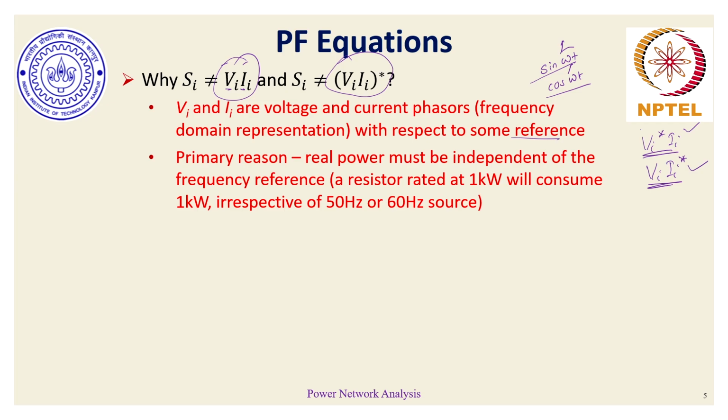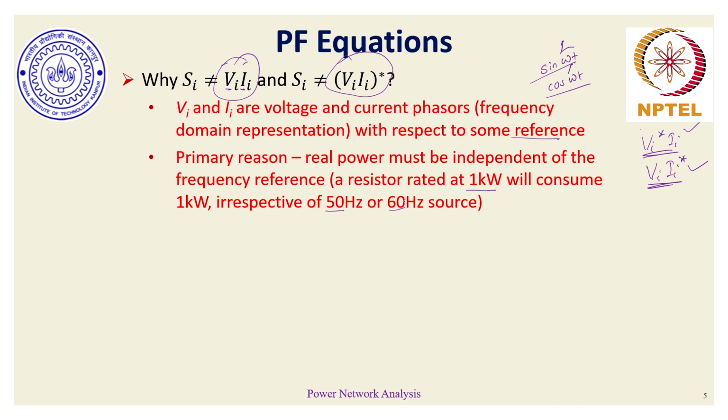The other secondary example is that if we have a 1 kilowatt resistor, let's say a purely resistive incandescent bulb, rated at 1 kilowatt at, let's say, 230 volt. And this 230 volt at one point of time, let's say in India, is at source frequency 50 hertz, or in the US or Canada, the source frequency is 60 hertz.